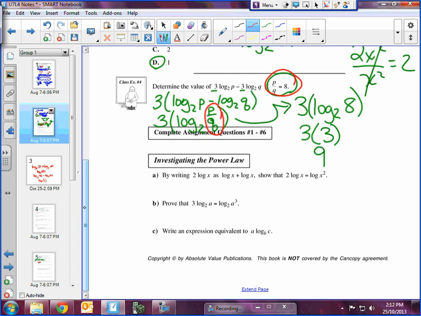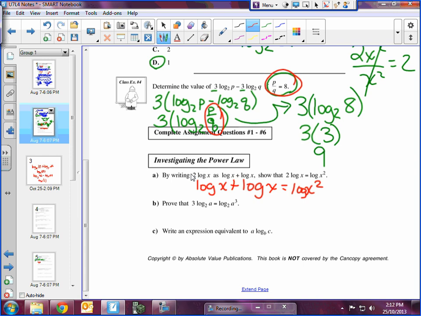Okay, so investigating power law by writing 2 log x as log of x plus log of x. Show that 2 log x equals log x squared. So if I have 2 times something, that means I'm adding it to itself, right? So if I have log of x plus log of x, we've got to prove that the left side equals the right side.